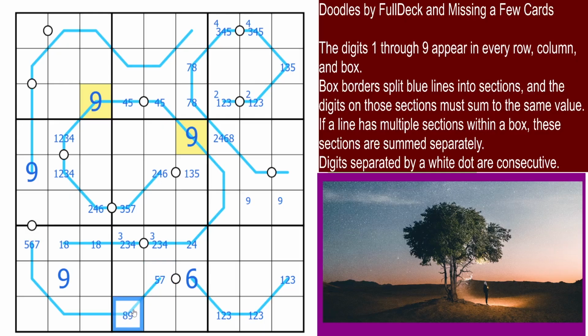That's the only possibility here, isn't it? Because if this is 7, that will be 7, 5, which is 12, and 12 is not possible. Yeah, I think this has to be between 8 and 9. That's fine. But 9 is here, right? This is Sudoku, and 9 has to be here. Okay.